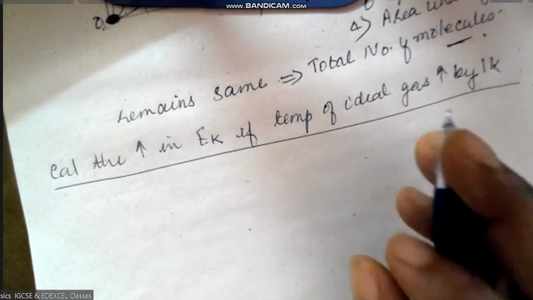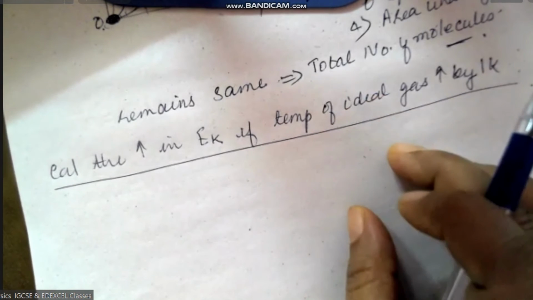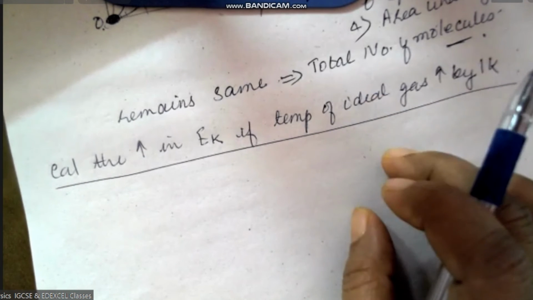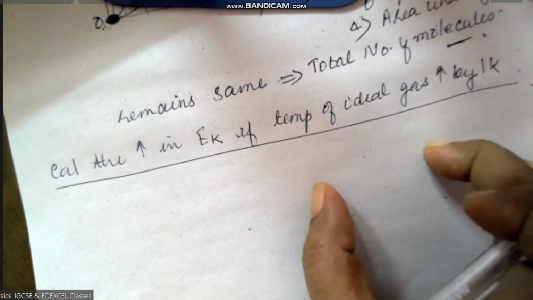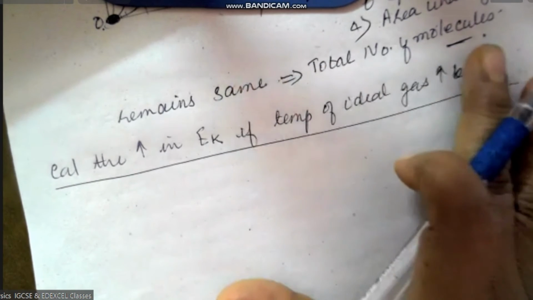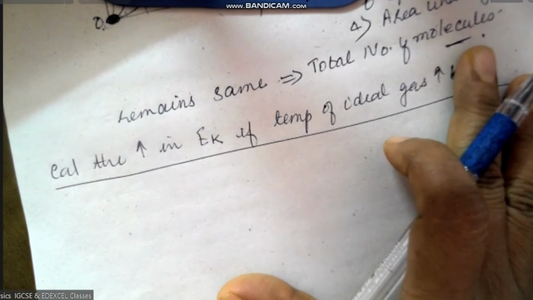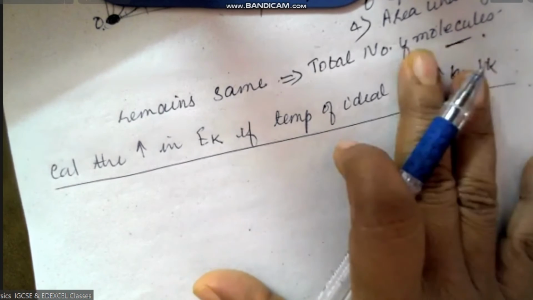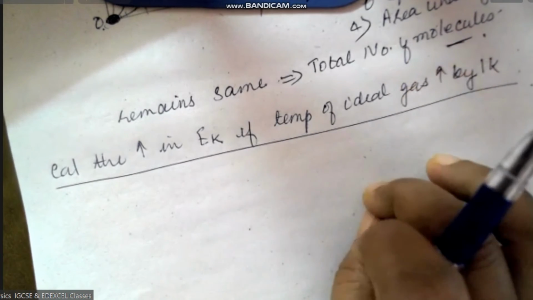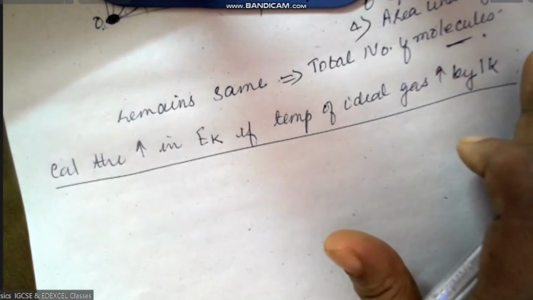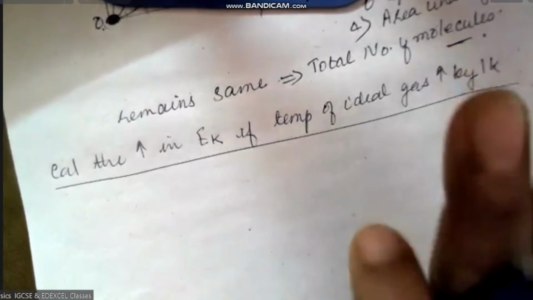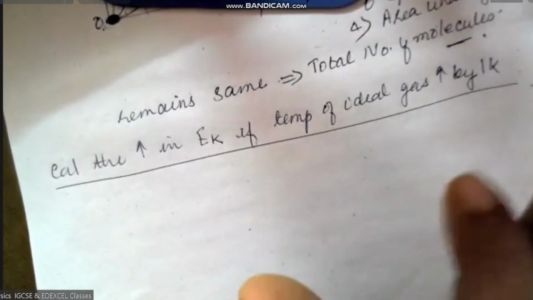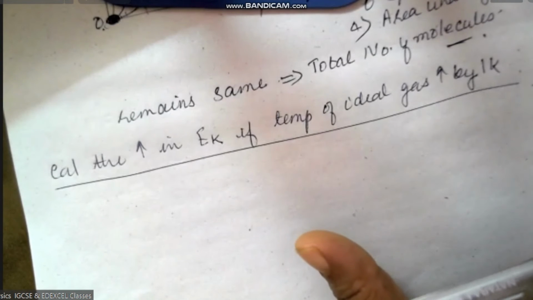All the gases around us are called real gases. They obey these gas laws for certain temperatures, not for all temperatures and pressures. Ideal gases are supposed to follow gas laws at all possible temperatures. So there is no ideal gas actually in the universe.